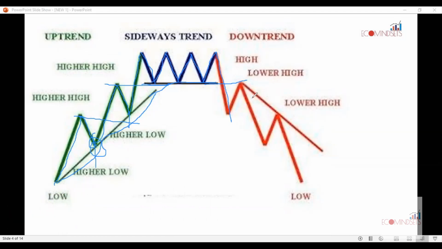This is where we apply our horizontal support and resistance levels. But when it comes to an uptrend, we apply our support trend line and our resistance trend line.